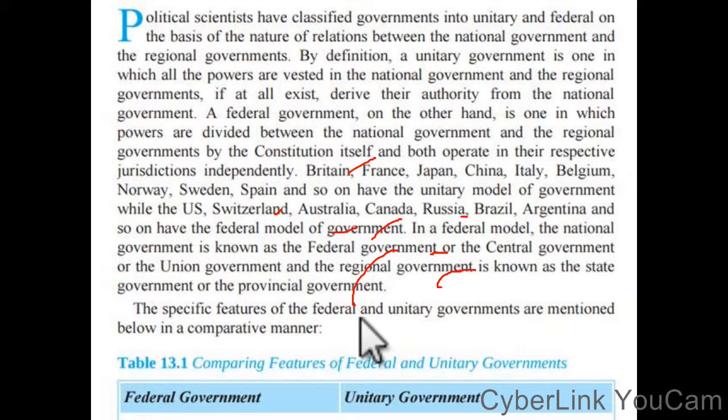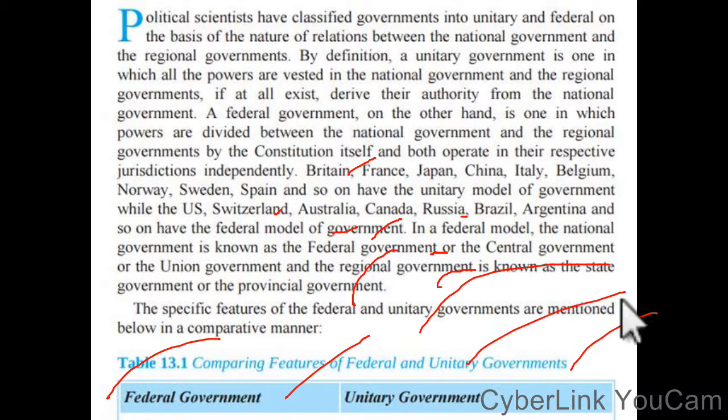The specific features of the federal and unitary governments are mentioned below in a comparative manner.